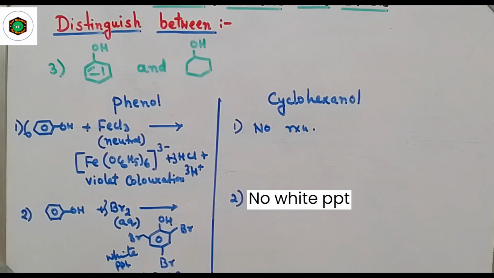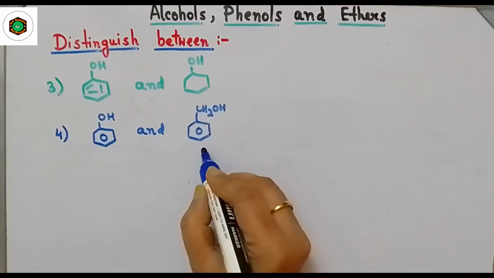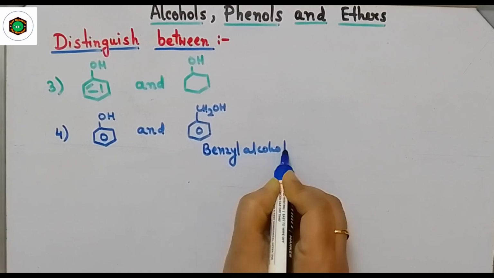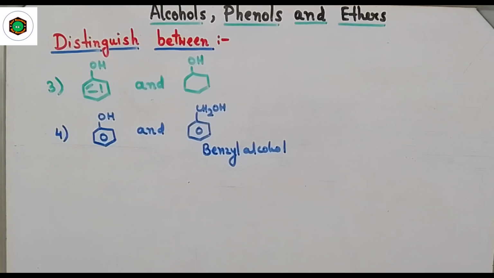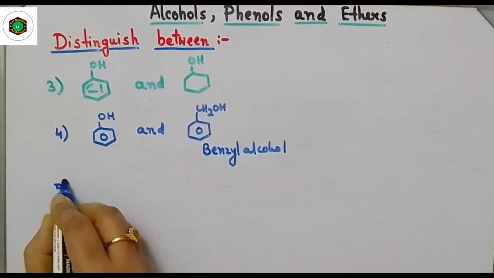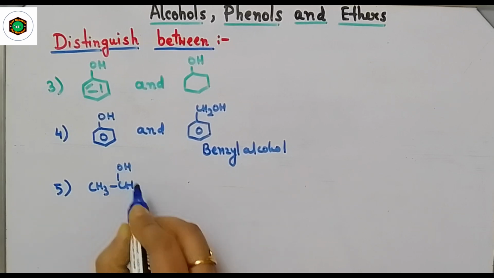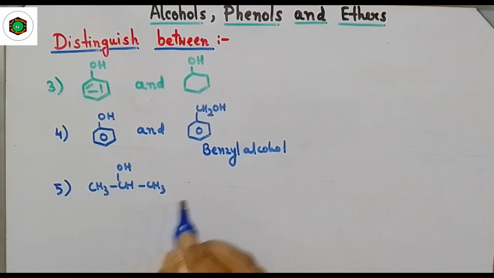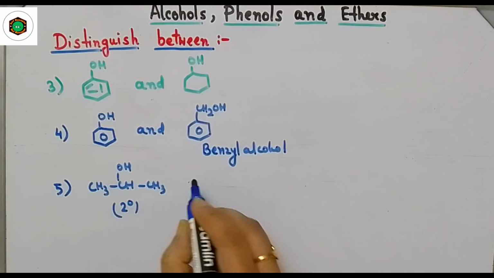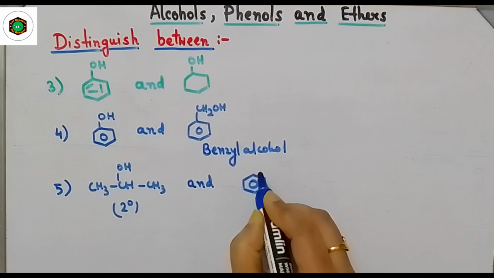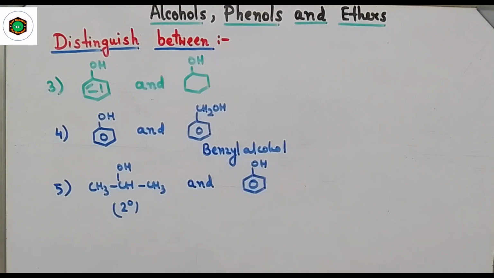Similarly, you can distinguish between these two, and this is benzyl alcohol. So phenol gives violet colored complex with neutral ferric chloride solution, but benzyl alcohol will not give. Similarly, you can distinguish between this secondary alcohol, this is 2-degree alcohol, and phenol by ferric chloride test.